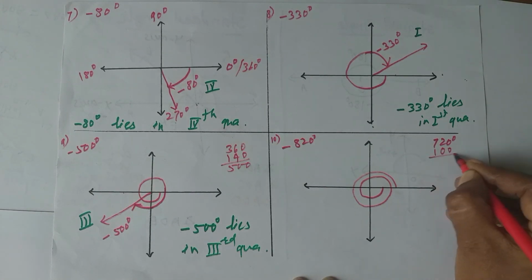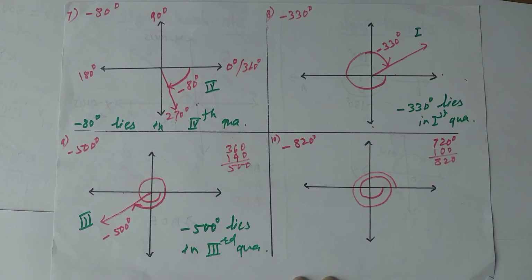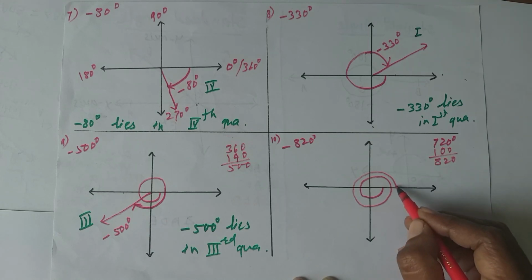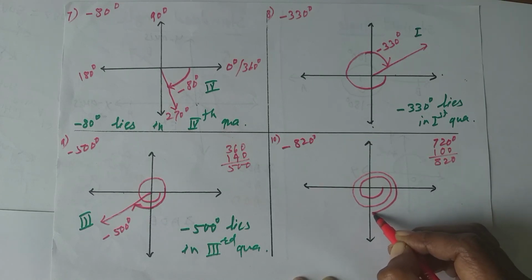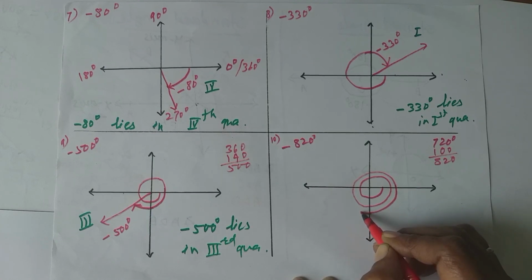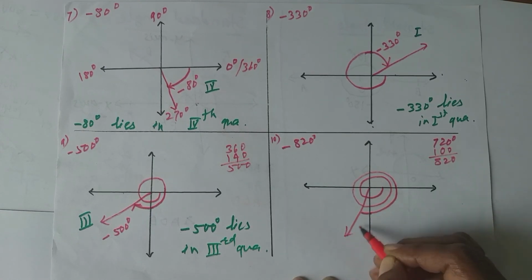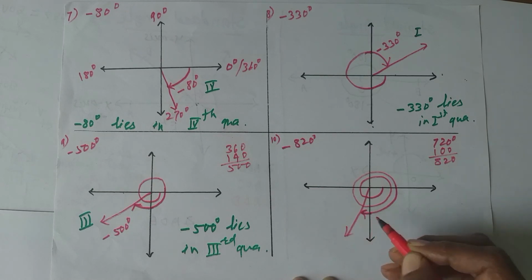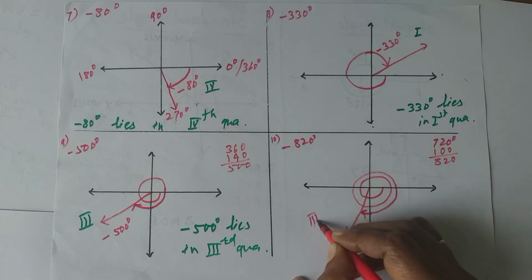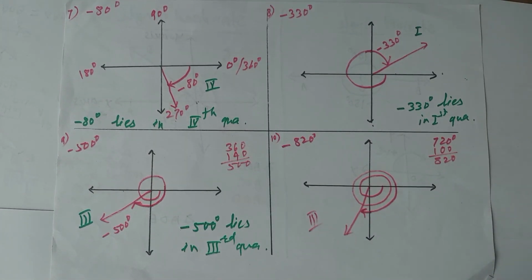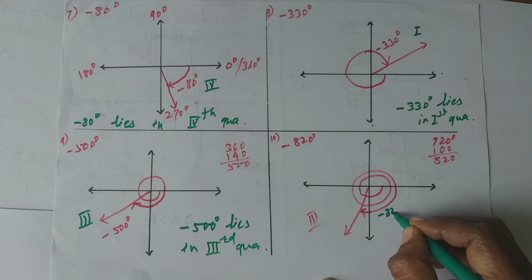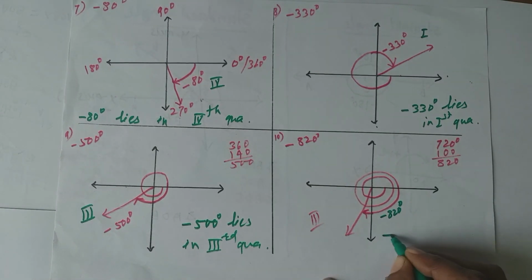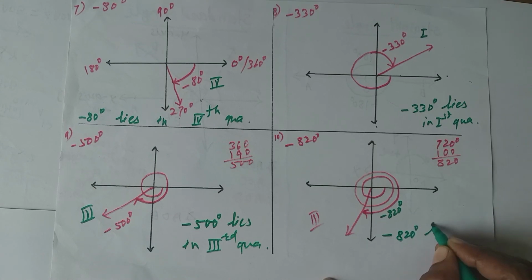If I add 100, then I will get the angle of 820. If I move like this up till this, then angle of 90 degrees forms, and 100 means more than that. And in which quadrant is this? Again, this is in the third quadrant. Therefore you write down minus 820 degree lies in third quadrant.